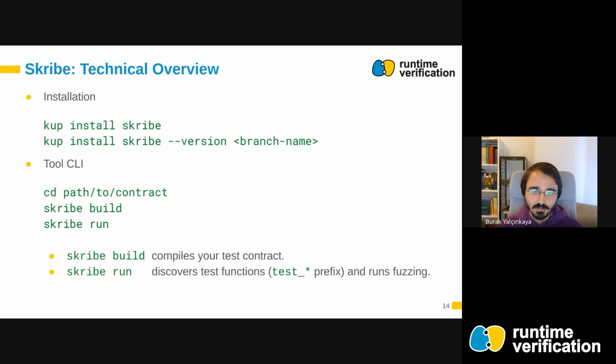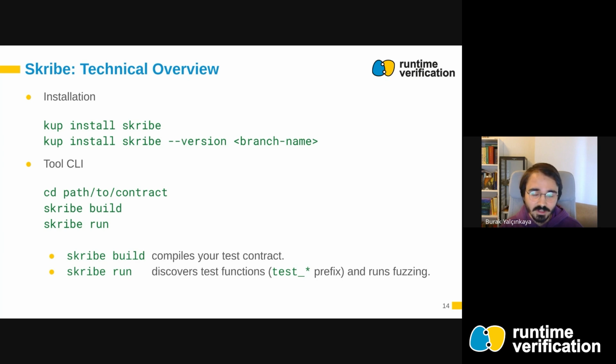And if you want to install a specific version or maybe a pre-release version, you can specify the version with the branch name. When you install Skribe, you step into your test contracts directory and run skribe build, which will compile your test contract, and then you can run fuzzing with skribe run.